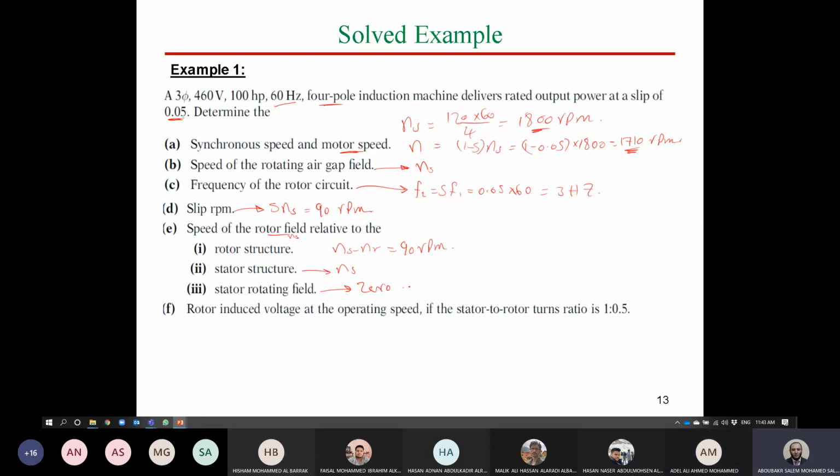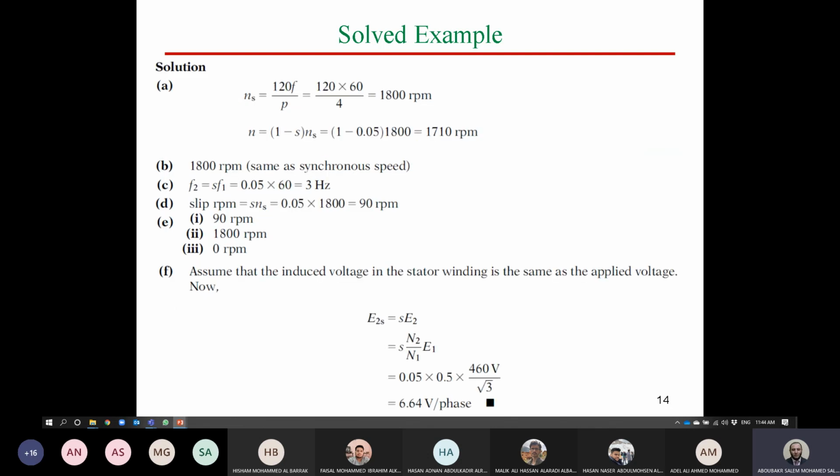Of course, the aim of this question is nothing but recognizing the different frequencies and speed control. Finally, what is the rotor induced voltage at the operating speed if the stator to rotor turns ratio is 1 to 0.5? So we have the turns ratio here. We need just to calculate the value of EMF. So simply we can say E2S equals S multiplied by E2.